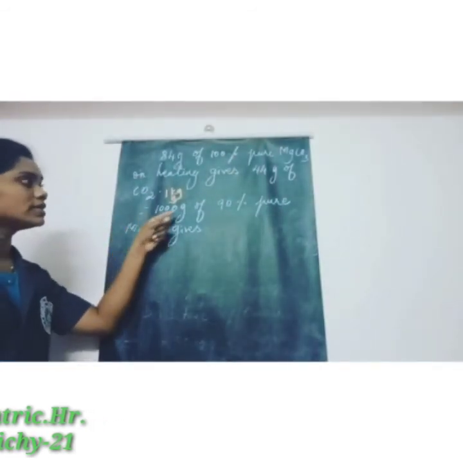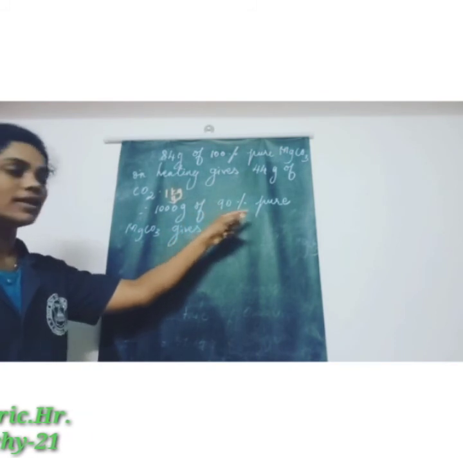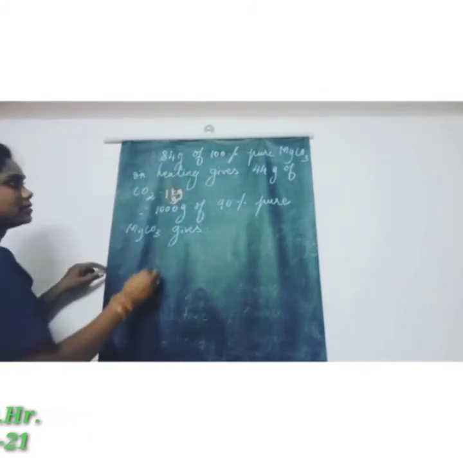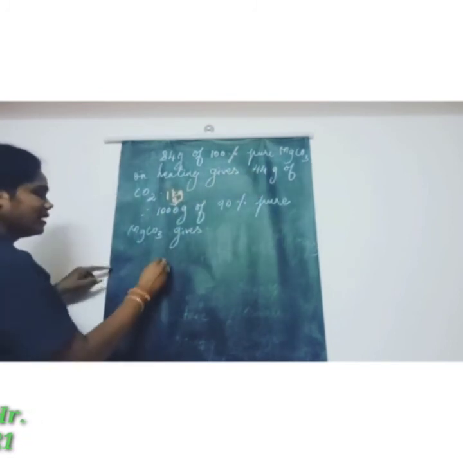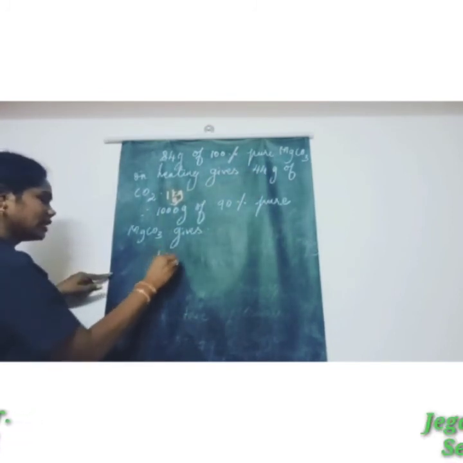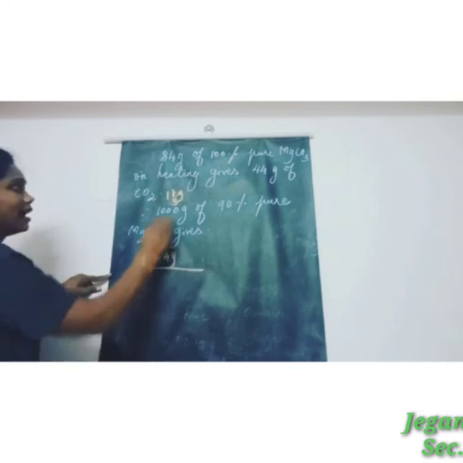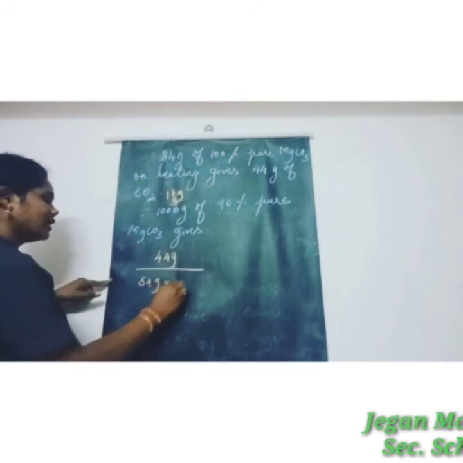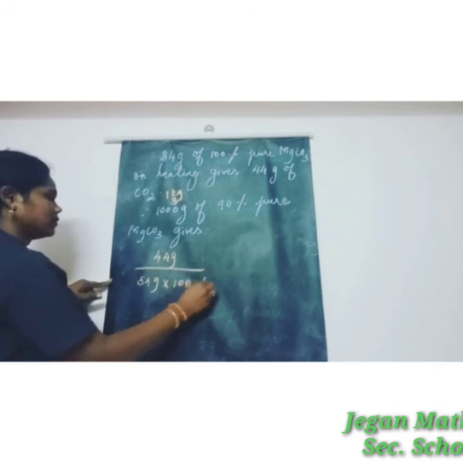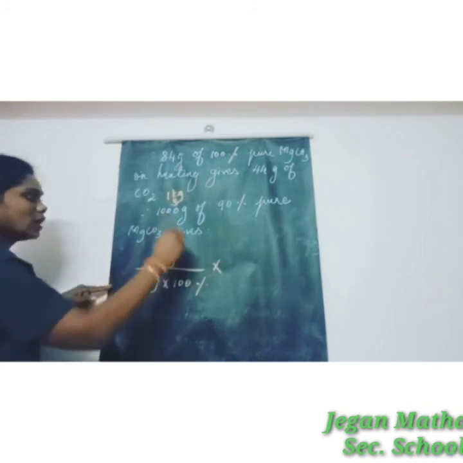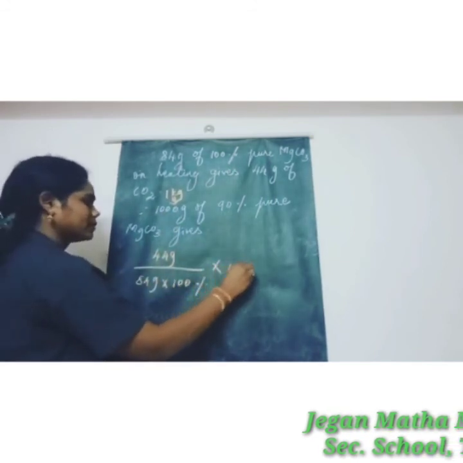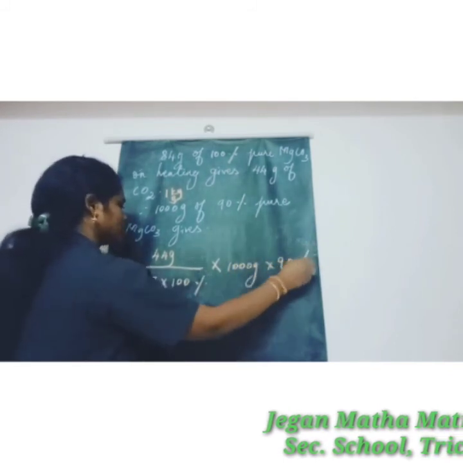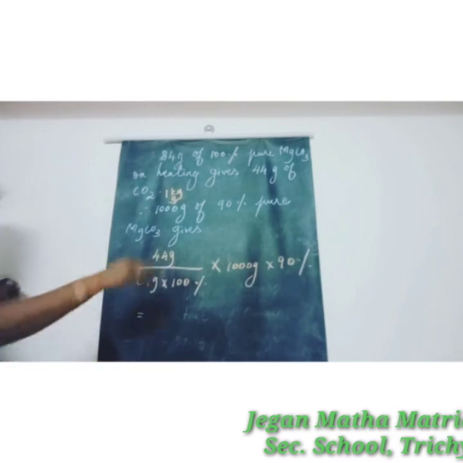So 1000 gram of 90% pure magnesium carbonate gives 44 gram of carbon dioxide divided by 84 gram into 100 percentage, into 1000 gram into 90 percentage. Simplify this term.